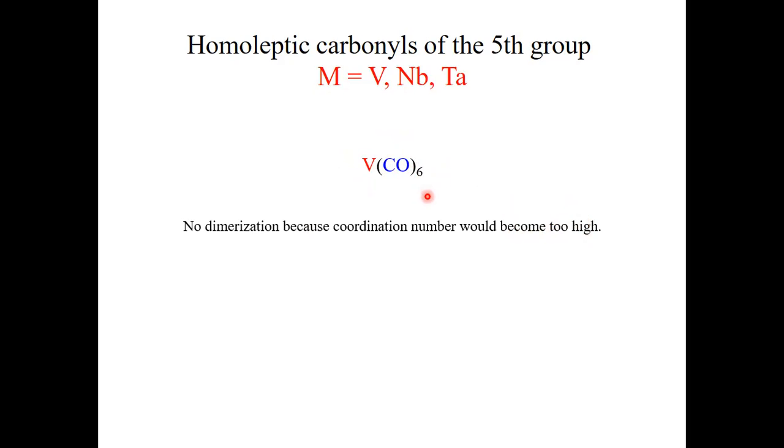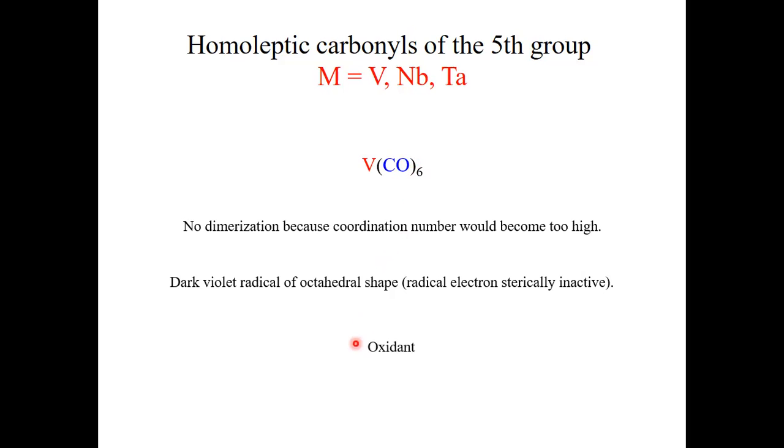as a radical compound, which is violet, whereby the radical electron remains sterically inactive, and that explains the octahedral shape. So this carbonyl can, of course, be easily reduced because then we go from 17 electrons to 18 electrons.